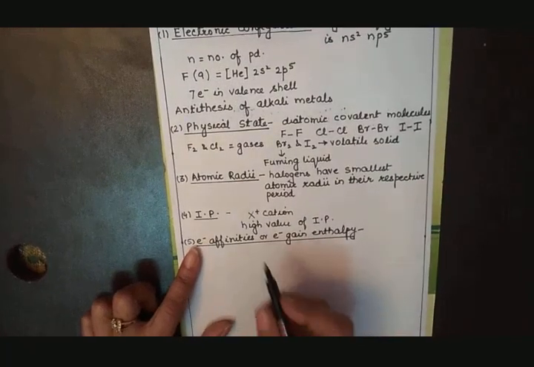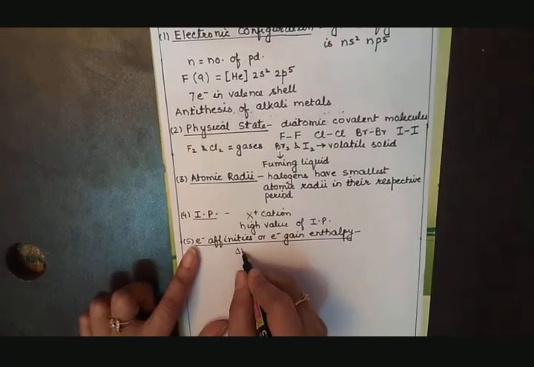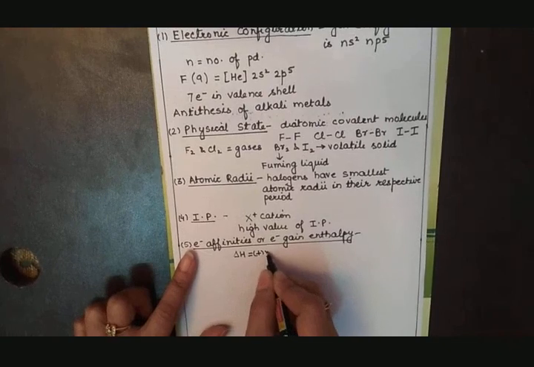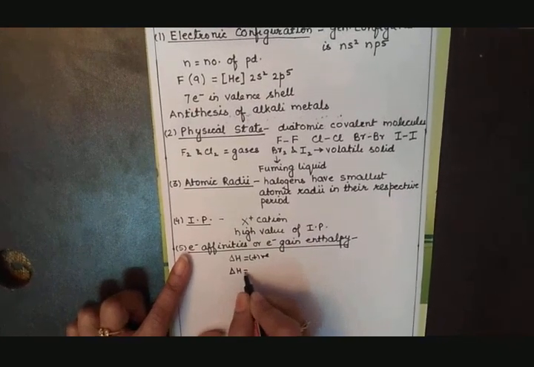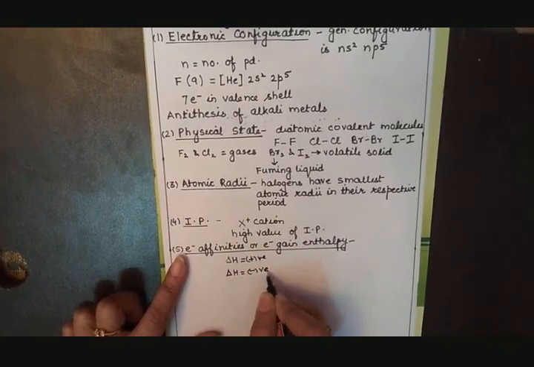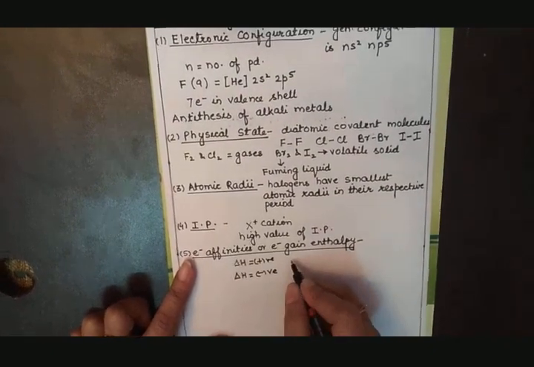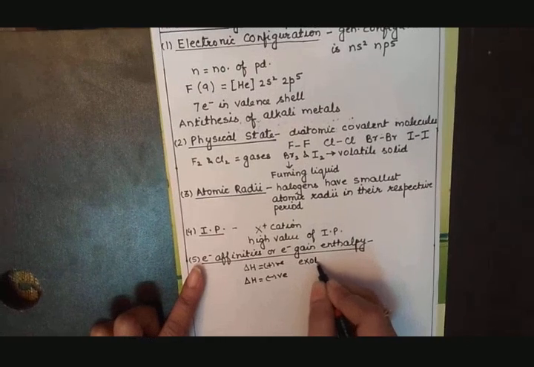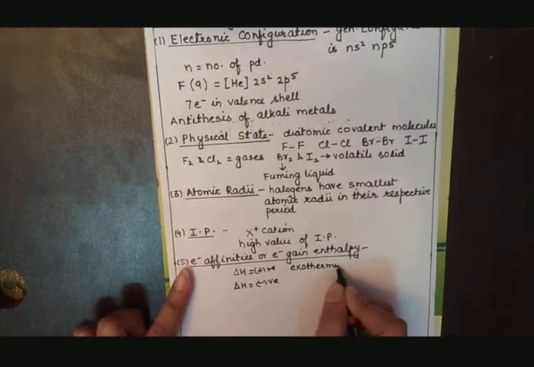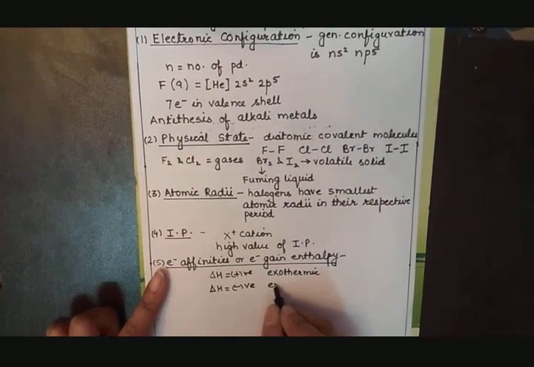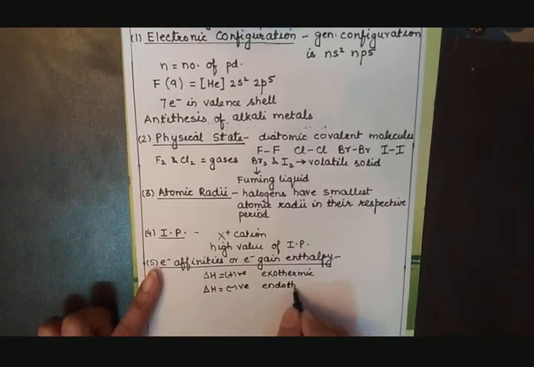This enthalpy change can be positive or it can be negative. When it is positive, it means the reaction is exothermic, and when it is negative, it means the reaction is endothermic.